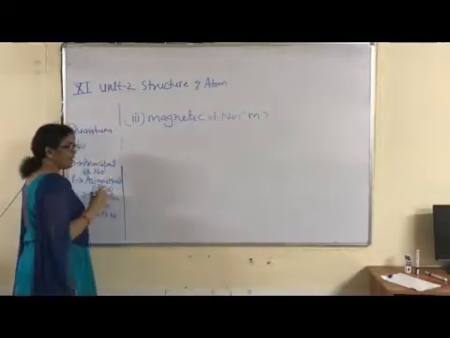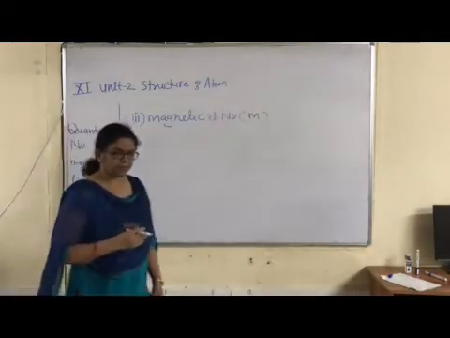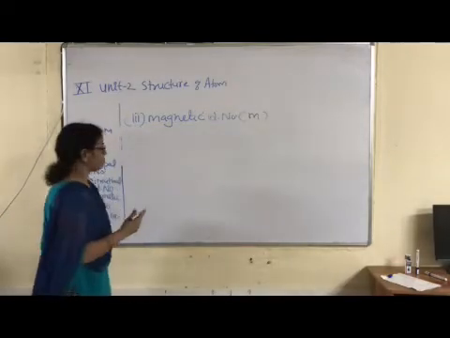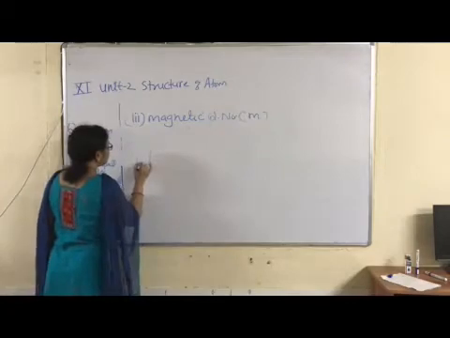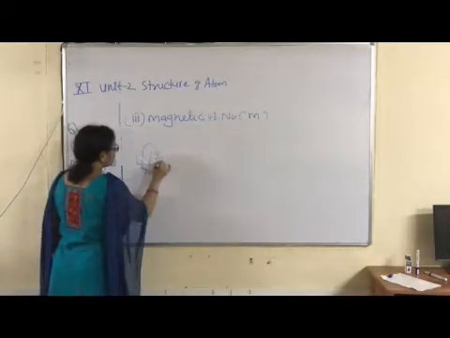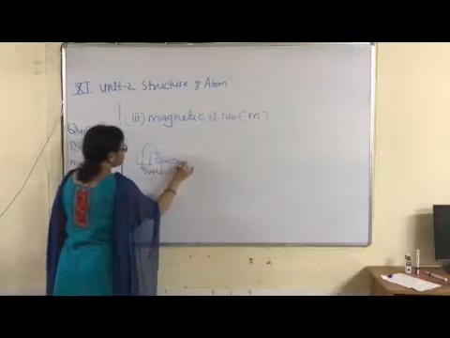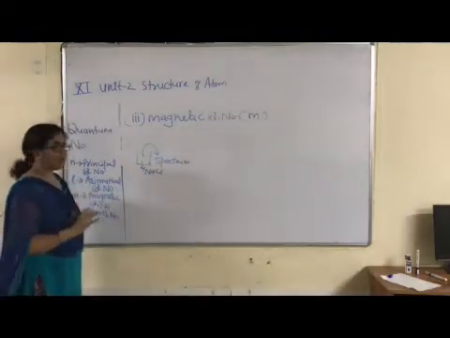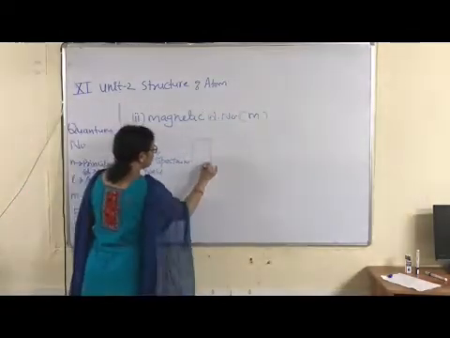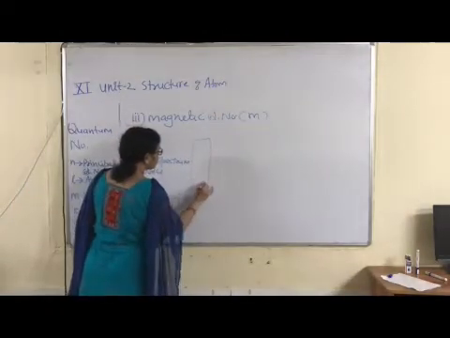What happens? Any substance, for example NaCl, which is producing a spectrum. What is observed in the spectrometer? An arrangement of different lines, right?